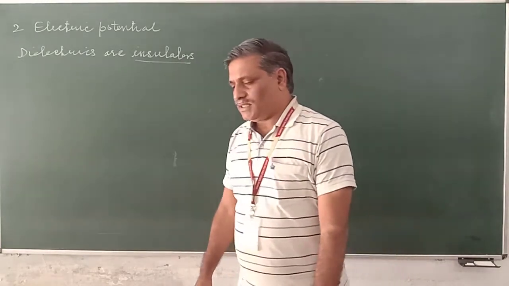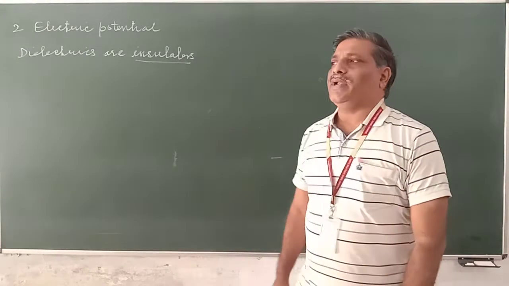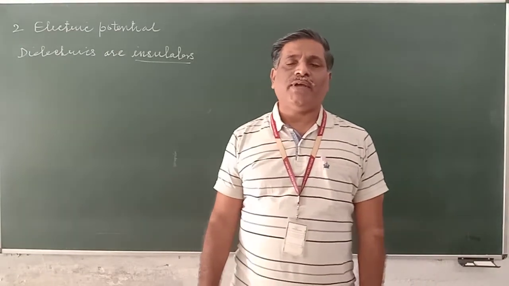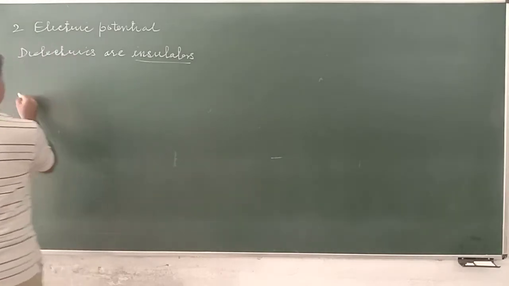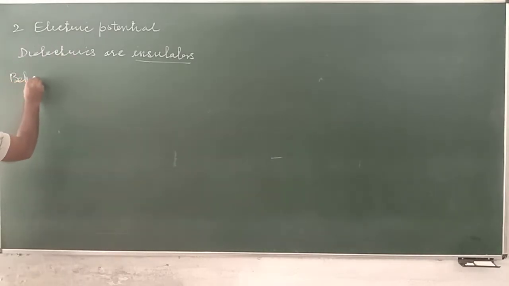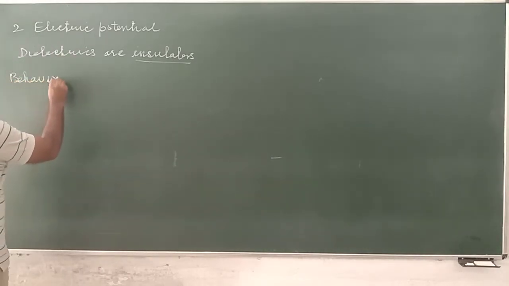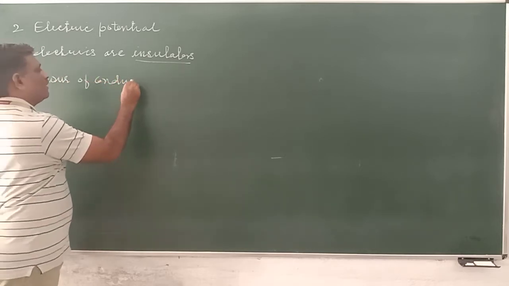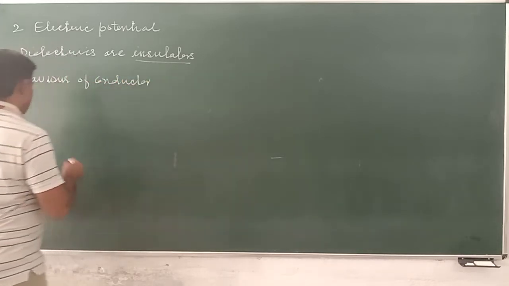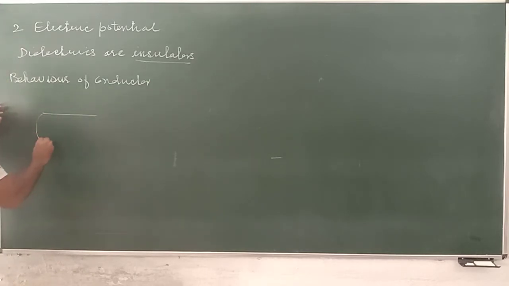Let's first see, we have already discussed this, but once again we will discuss the behavior of a conductor in an electric field. This is a conductor, a capsule shape we are taking.